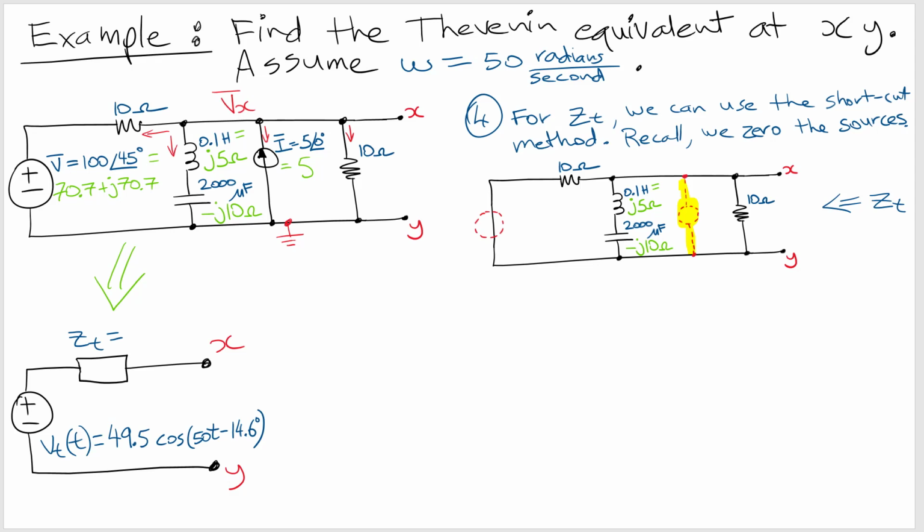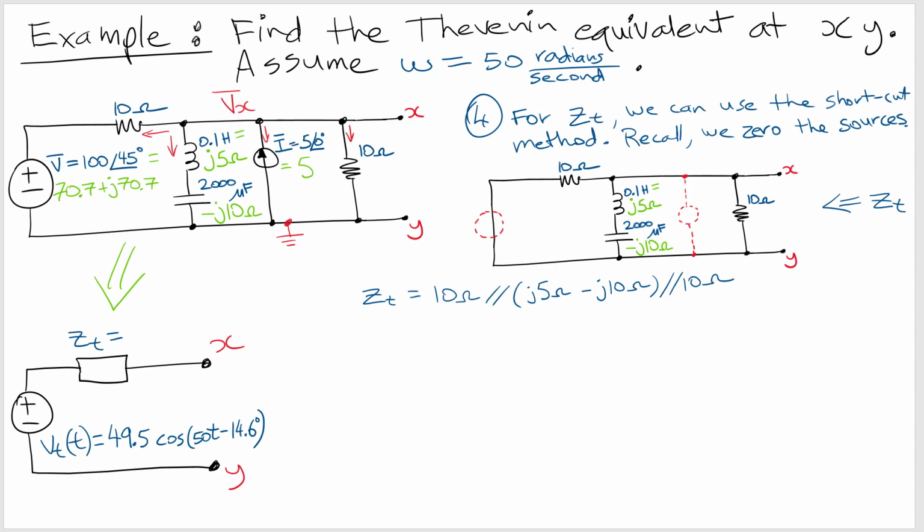So we can remove that current source, and we've denoted that the current source was there with the dashed red lines. And all the other components stay the same. All the passives stay the same. The resistors, the inductors, and capacitors all stay there.